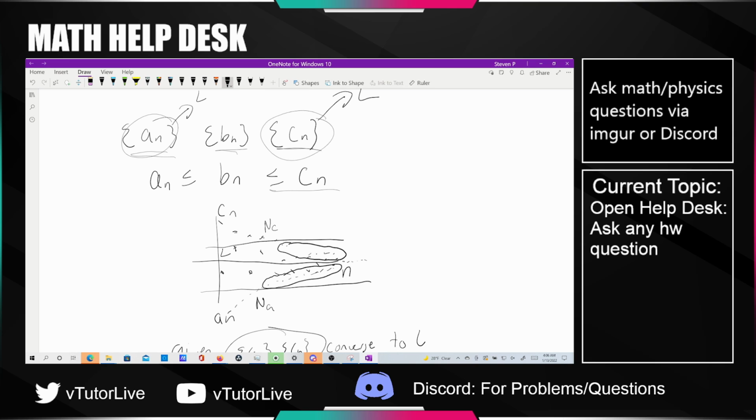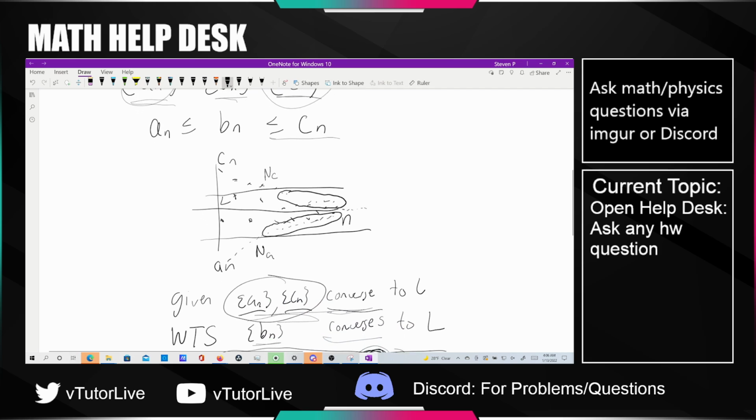This is sort of our idea of as epsilon gets smaller and smaller, your choice of big N, capital N, might have to get larger to accommodate the idea of the dots going really, really close to the limit L.